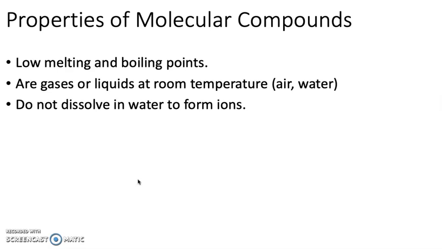It does mix in the water, but the C, H, and O's do not come apart to form ions. It just doesn't. Lastly, molecular compounds are basically formed from 2 or more nonmetals. There will never be a metal in a molecular compound. Very, very, very rare if there is. And that's the end.